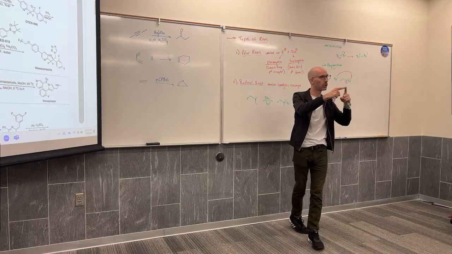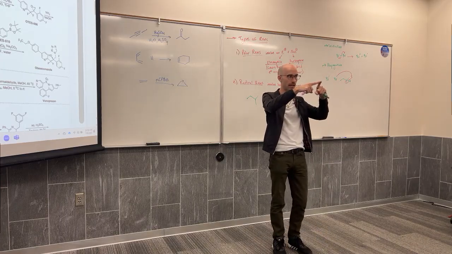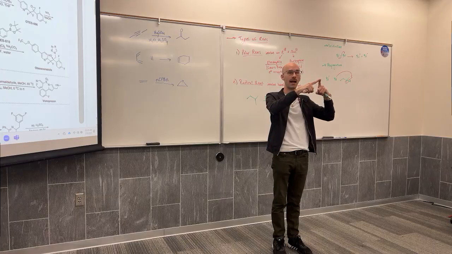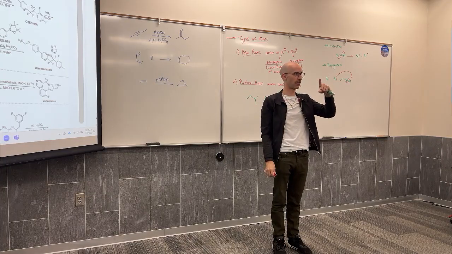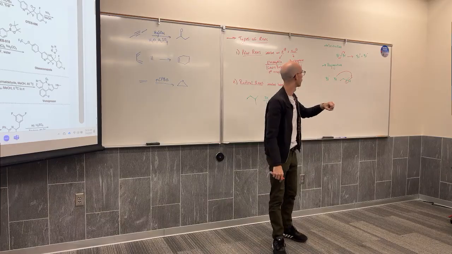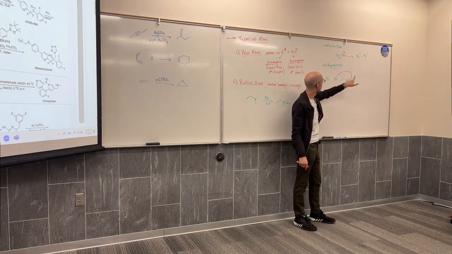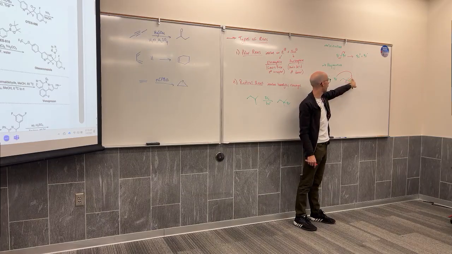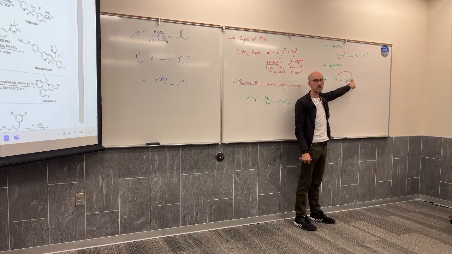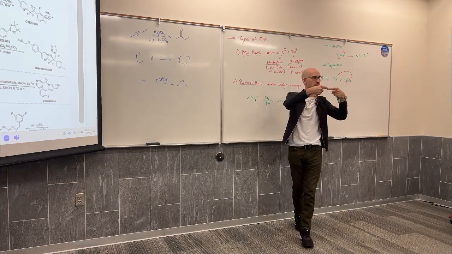This is not a full-headed arrow. Full-headed arrow means 2 electrons. How do you indicate 1 electron? Fishhook arrow. A one-sided arrow. Not a full arrow. Notice that these 2 fishhook arrows are coming at each other.